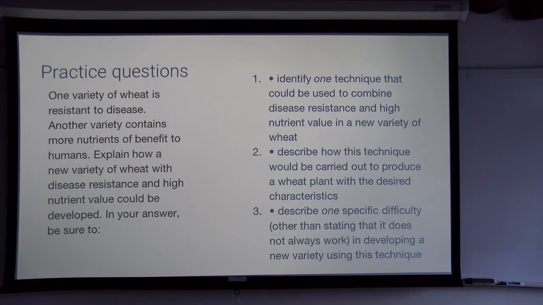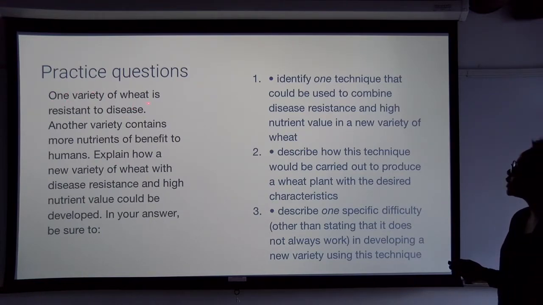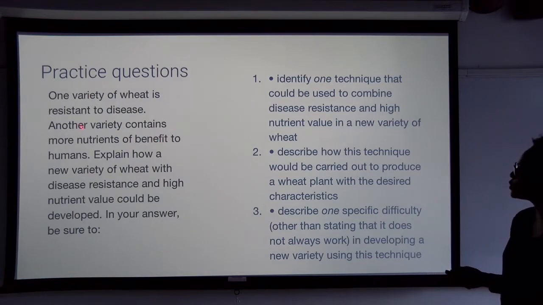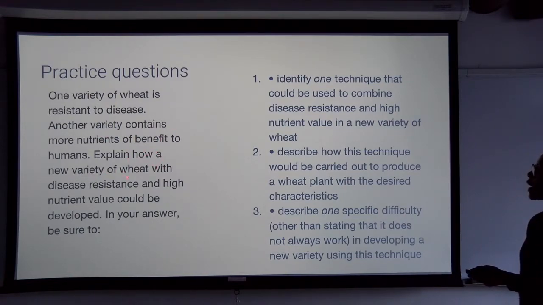Okay, let's do another practice question. One variety of wheat is resistant to disease. Another variety contains more nutrients of benefit to humans. Explain how a new variety of wheat with disease resistance and high nutrient value could be developed. In your answer, first identify one technique that could be used to combine disease resistance and high nutrient value in a new variety of wheat.